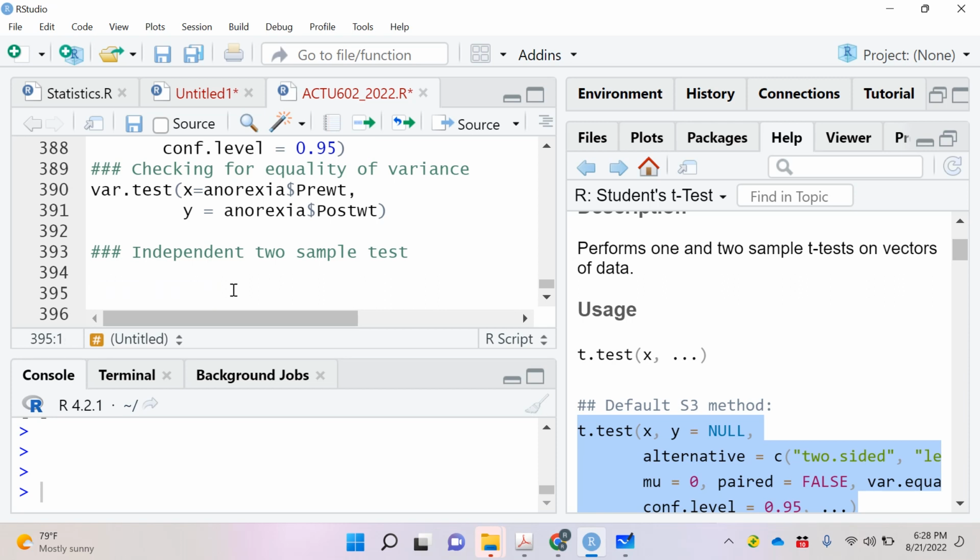Here, I want to find out whether those using CBT, their weights are different from those using family treatment. Is that okay? You see, our data contains those who were assigned family treatment, those who were assigned CBT. This one, they are independent.